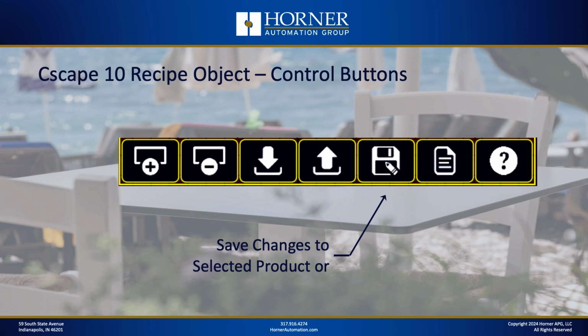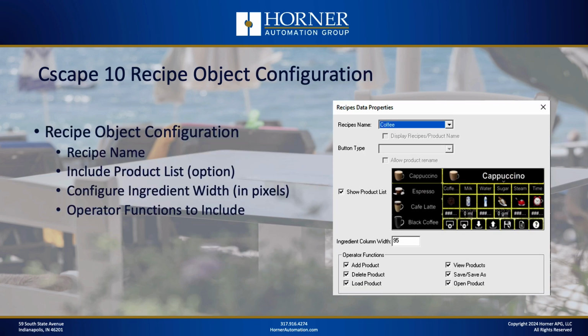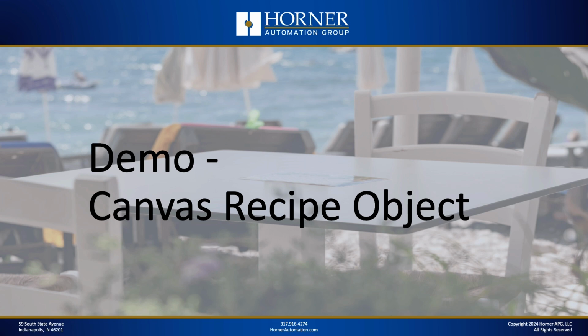And remember, the system designer has the flexibility to include or not include any of these buttons in the functionality for the recipe object he is configuring for the application. The recipe object configuration dialog is where those decisions are actually configured as to which buttons to include and what functionality to include in the particular recipe object. And without further delay, let's dive right into the demonstration for the Canvas recipe object.